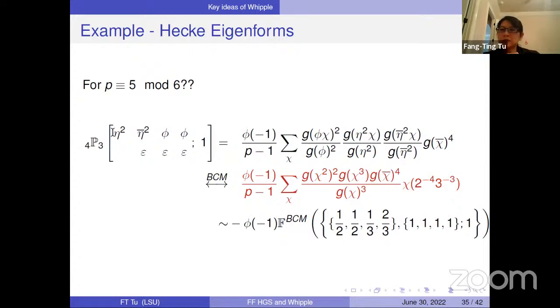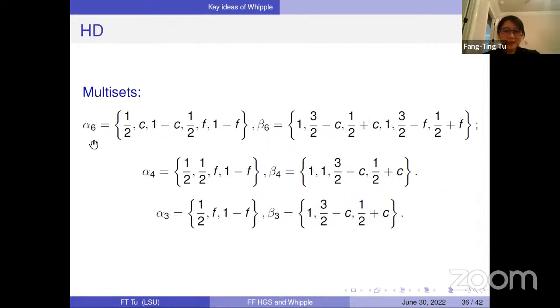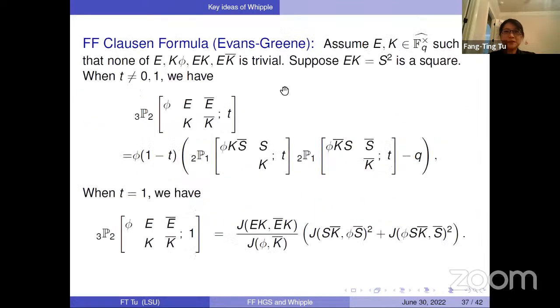From this example, we see that besides the first two hypergeometric data, we need another one coming from the 3P2 in the Whipple formula. For this 3P2, again, we can use the finite field version of the Clausen formula to break down the 3P2 in terms of 2P1.